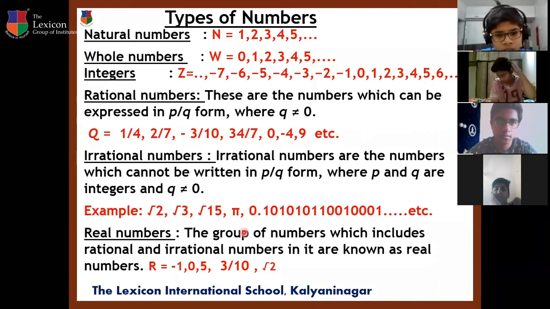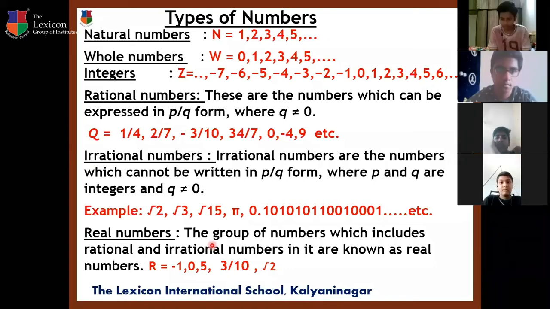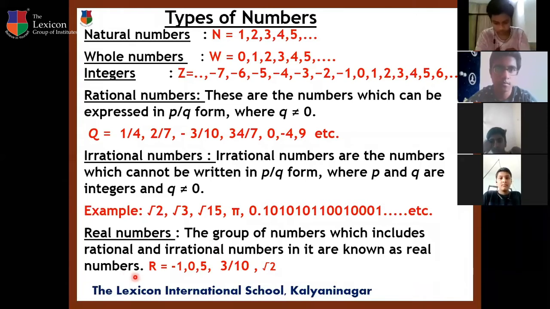Then coming to the real numbers, the sets of numbers which we have learned till now: natural numbers, whole numbers, integers, rational numbers, and irrational numbers. All these sets are combined and will form a set known as real numbers. So till now the topmost set, the big set which includes all the other sets, is real numbers.